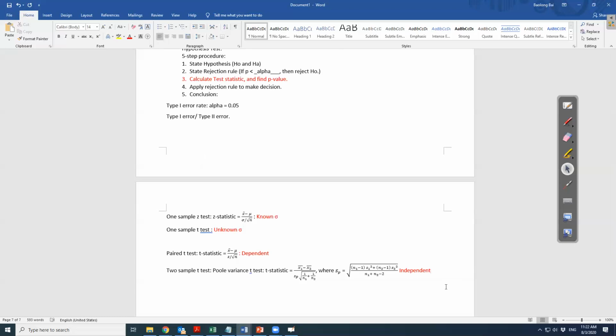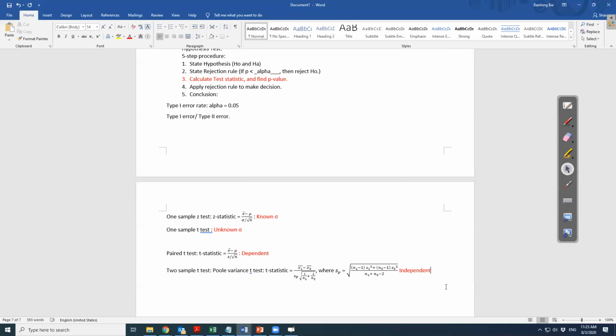Dependent mostly refers to the two groups being measured from the same individual, like before and after workshop student scores, it's the same student being measured. Of course, the scores will be related, right? So they're dependent. Or if the two group samples come in pairs, like husband versus wife, like twin brother versus twin sister, right? So they come in pairs. There's some kind of relationship between them that affects each other. In that case, they are dependent.